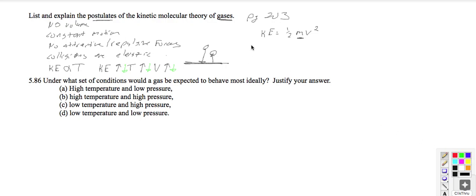So let's say we're going to keep the kinetic energy the same. We're not going to change the kinetic energy, but we're going to increase the mass of a gas molecule. If we do that, we have to decrease the velocity, and that keeps the kinetic energy constant. Or we could do the opposite. Decrease the mass, the velocity would have to increase.